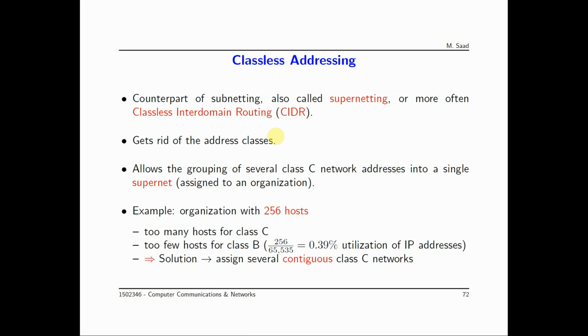Now, as a solution to this, I might think as follows: let me use a block of IP addresses that corresponds to several class C network addresses put next to each other, so basically concatenated. Every class C network, by the way, can have 2 to the power of 8, so 256 addresses.